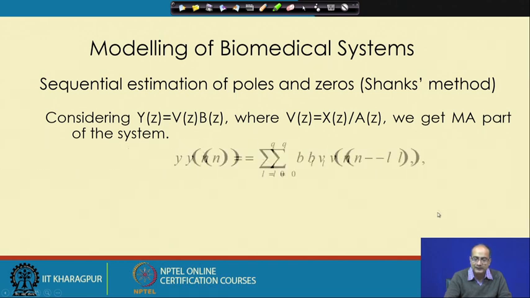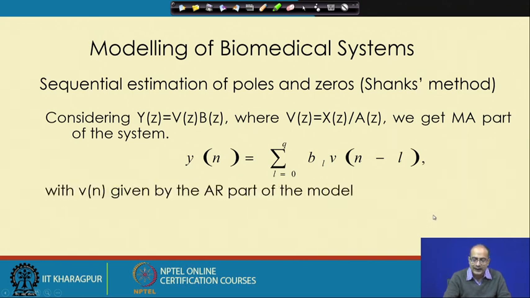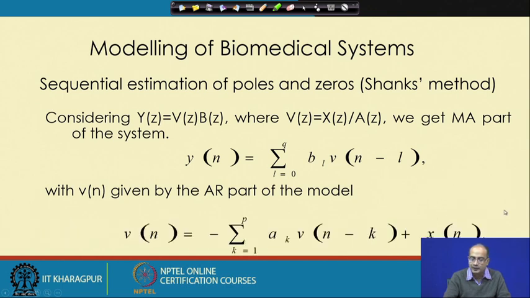So, we are decoupling the thing, and for that purpose we are choosing a variable V, an intermediate variable, which helps to separate or break this general equation into two parts. One part is only the MA part, another part is only the AR part.